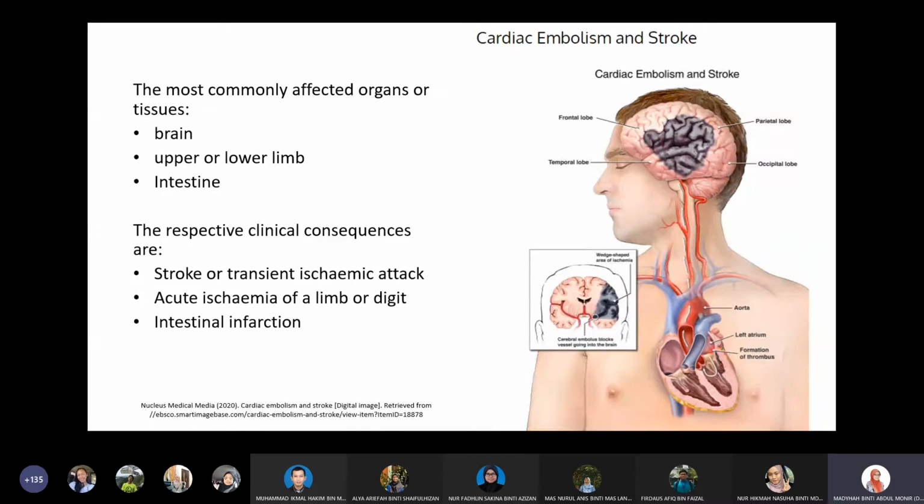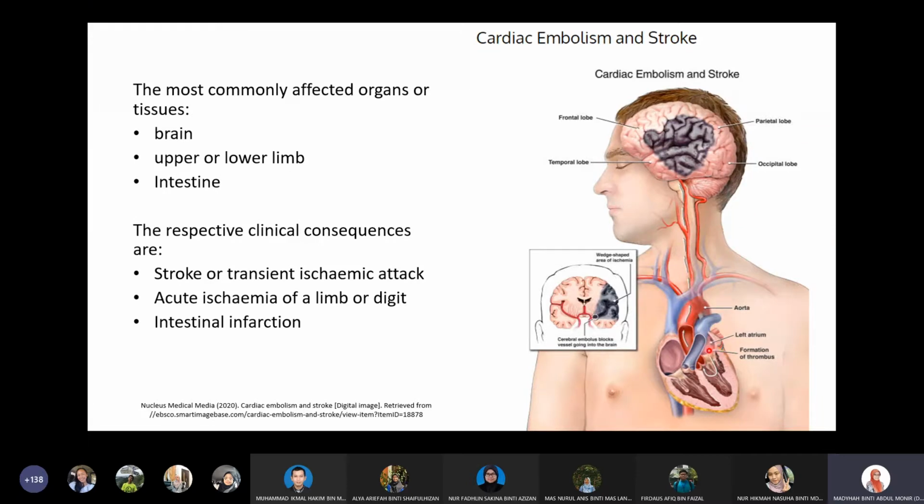Alright, so if you see the picture on the right, as you can see, there is cardiac embolism and stroke. From the picture, there is formation of a thrombus within the heart chamber. In this case, the thrombus occurs in the left atrium.